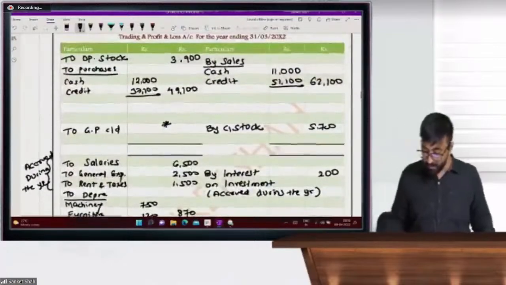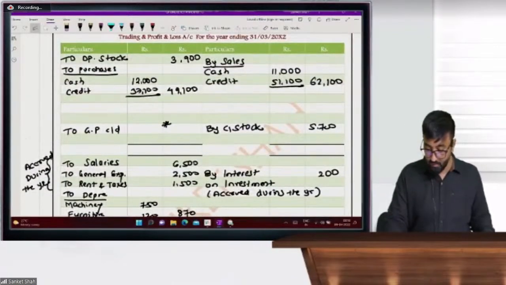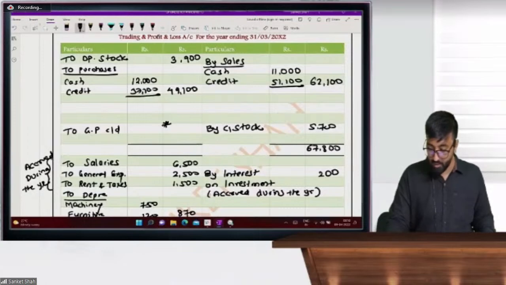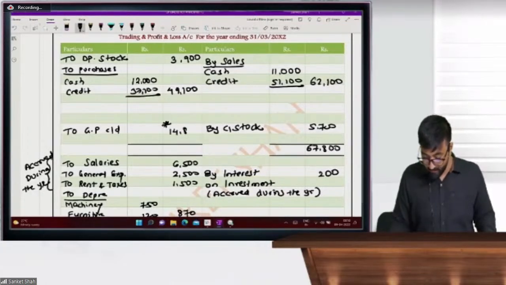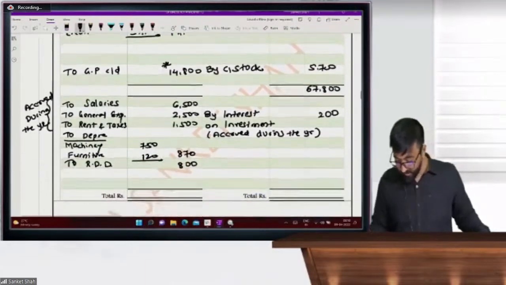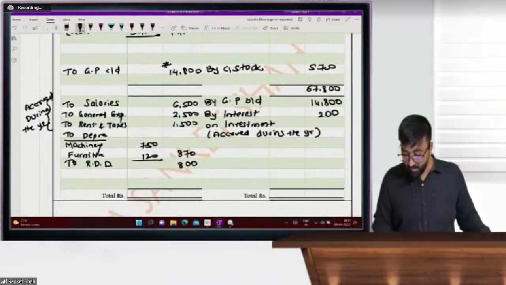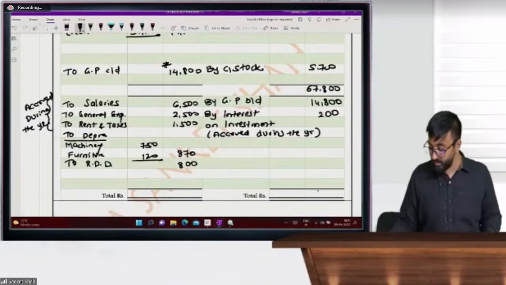Now GP. Yes, beta, calculate GP. This is 67,800 minus 3,900 minus 49,100. 14,800. Yes, beta, it is similar to your NPO problem. Very good. 14,800 plus 200, 15,000.